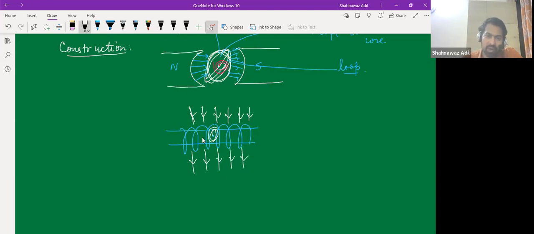Let's say that you switch on the current, so the current is flowing through this loop. If you have a current in a loop, what will it provide?